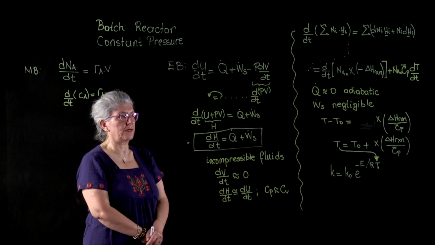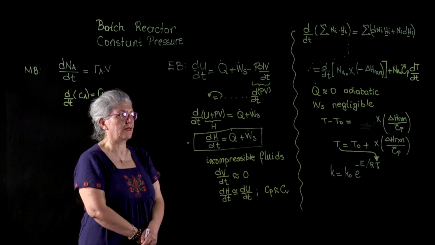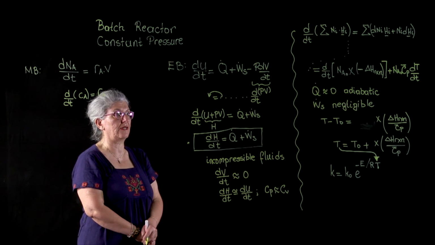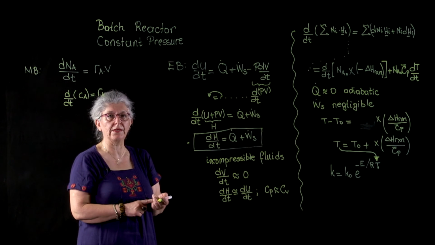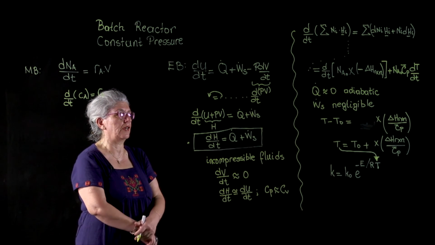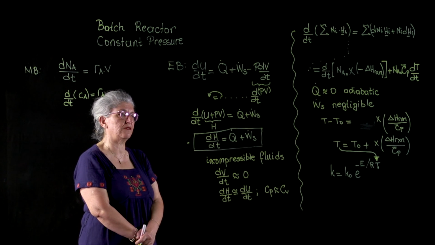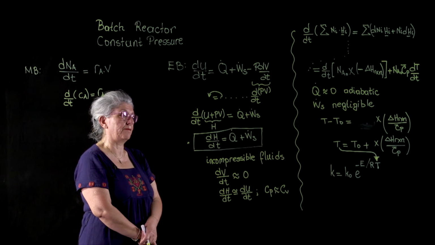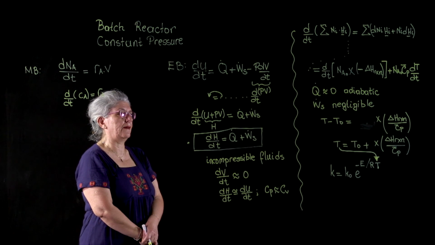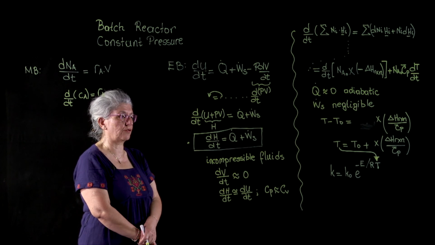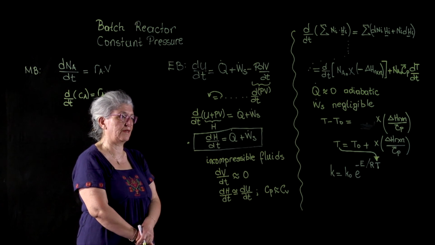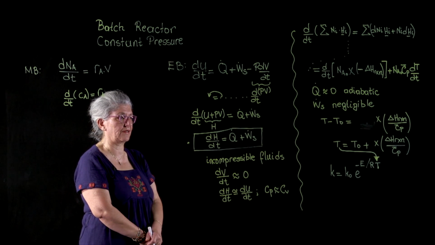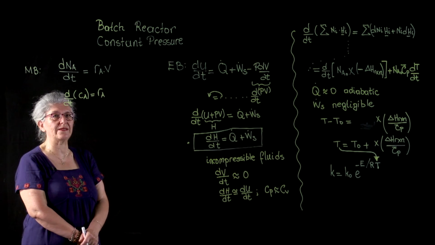So again, starting from the same expression, by the addition of the adiabatic constraints of an adiabatic reactor and negligible shaft work, we are able to derive the temperature change within the reactor as a function of conversion, enthalpy change of the reaction, and the mean feed heat capacity. The temperature expression is substituted in the Arrhenius expression, and as we understand from this, as the reaction proceeds, temperature increases. Now let's come back to the material balance side.